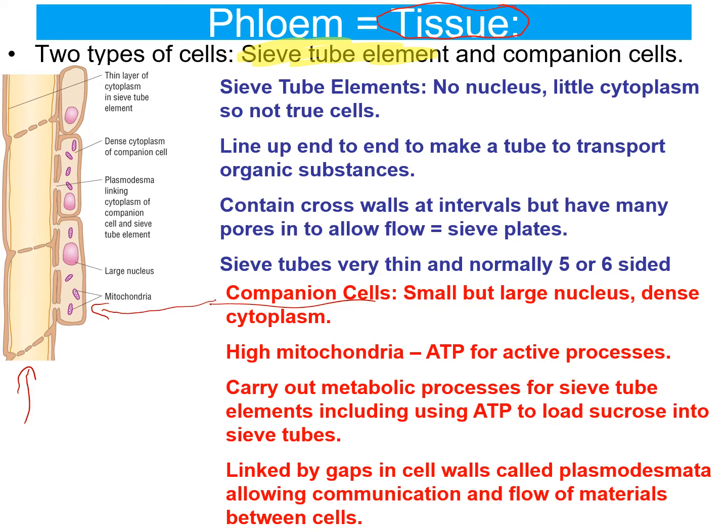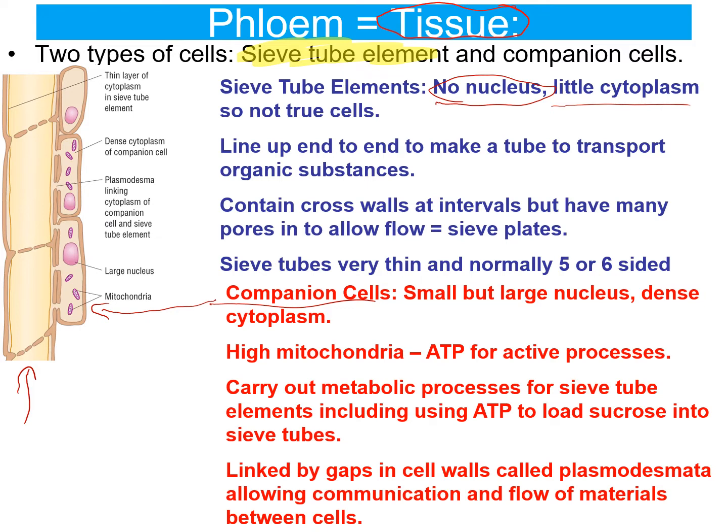They are very simplified cells, with reduced cytoplasm. They have no nucleus and very little cytoplasm because they have been adapted to allow translocation through them.